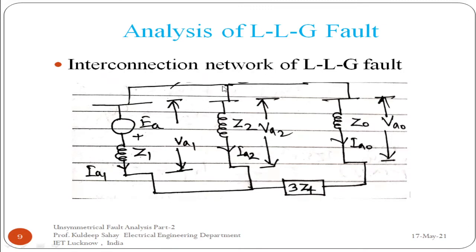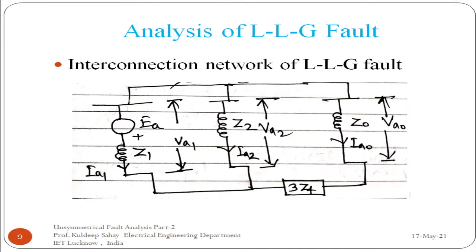Since the voltage across this one means positive sequence voltage, across this is negative sequence voltage, these two are equal. So the connection between the positive sequence and negative sequence is parallel.